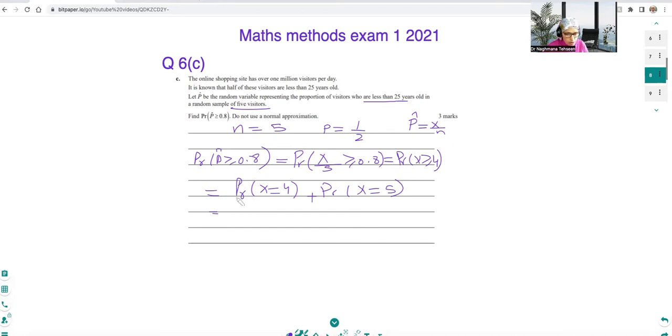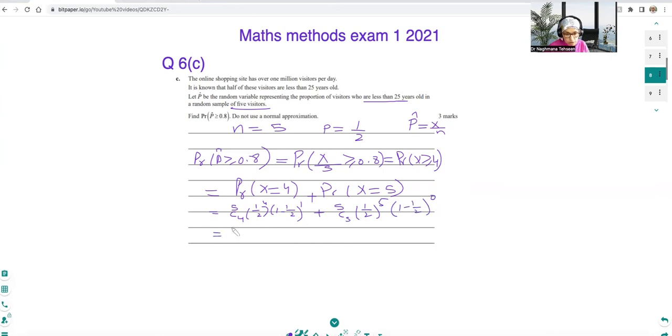So that means I have 5C4 times 1/2 to the power 4, and then (1 minus 1/2) to the power 5 minus 4, which is 1, plus 5C5 times 1/2 to the power 5, and then (1 minus 1/2) to the power 0. So 5C4 is 5.